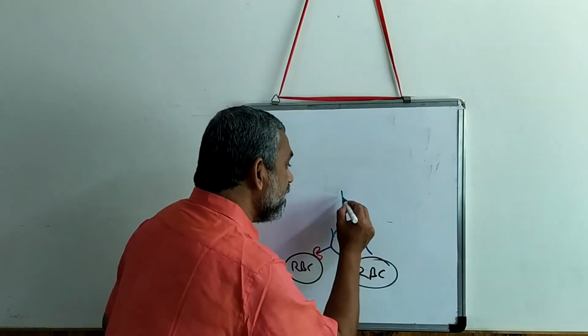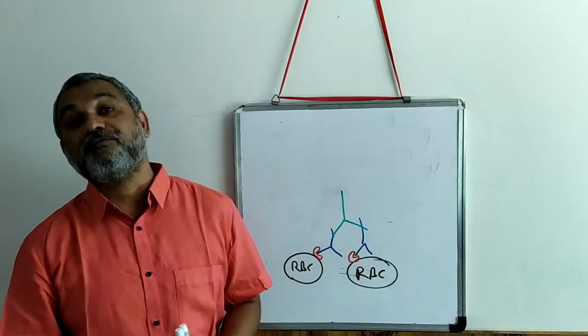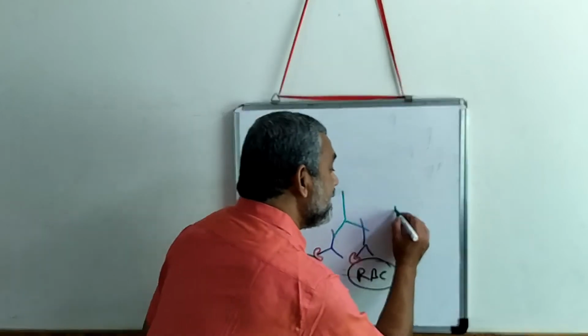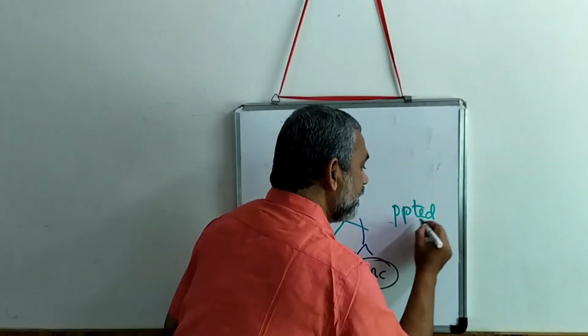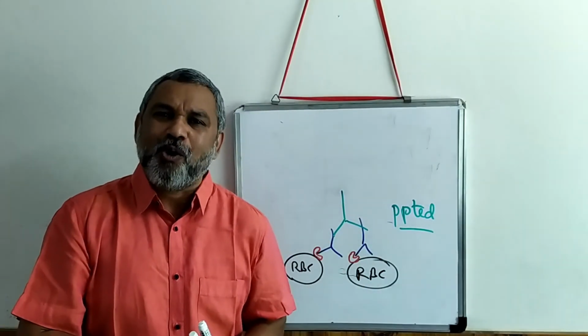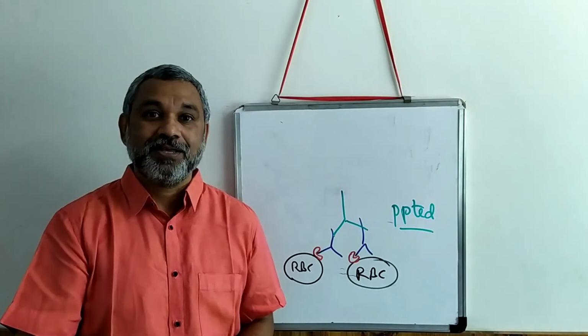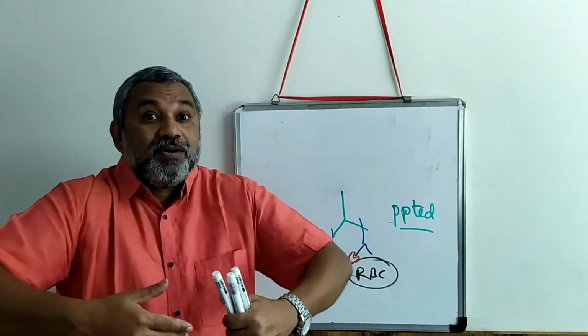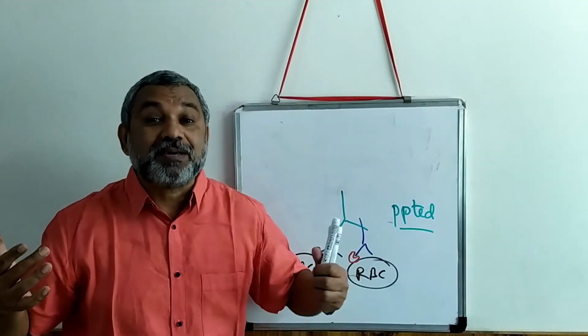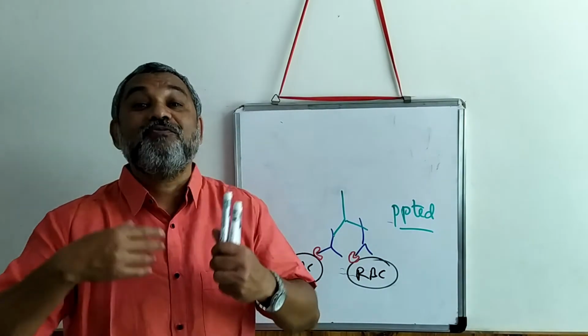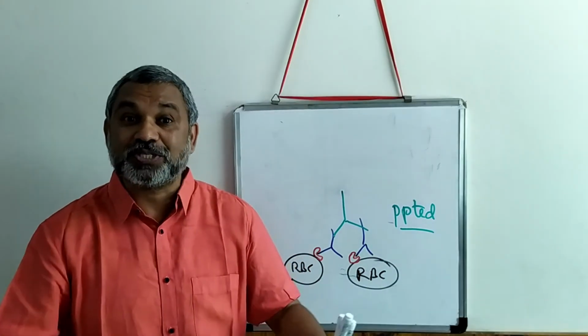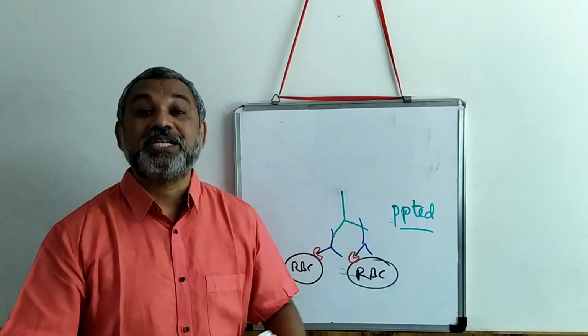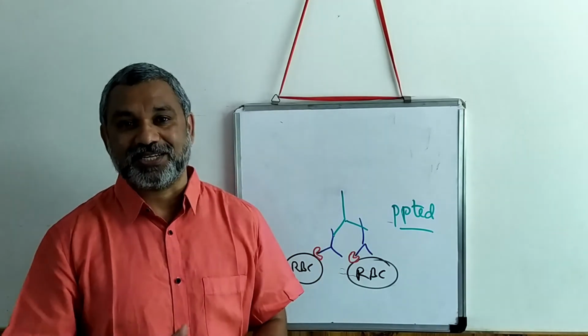If that antibody binds, it can form a lattice and it can get precipitated. Another variation of agglutination reaction. You can see how, once you know the basic principle, you can introduce different variations to suit your requirement, your research.